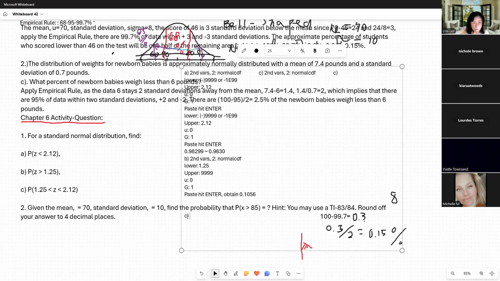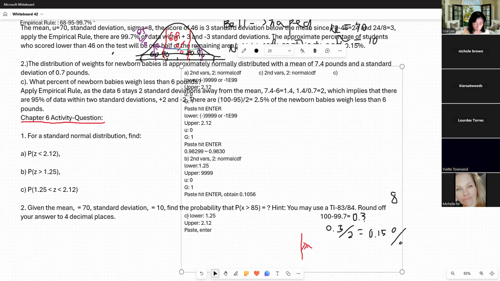C is easier, okay? C, your lower bound, you will type in just 1.25. And your upper bound, you type in the ending number 2.12. And the rest is the same, just paste and enter. Right? Hit enter, and you should get the answer already. Okay.